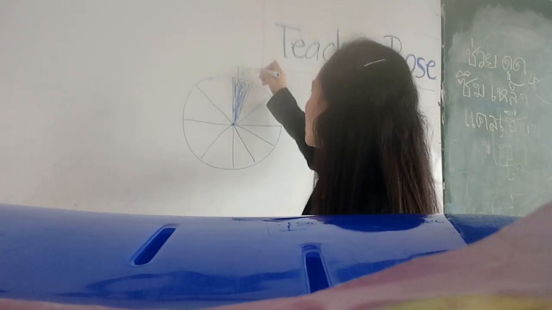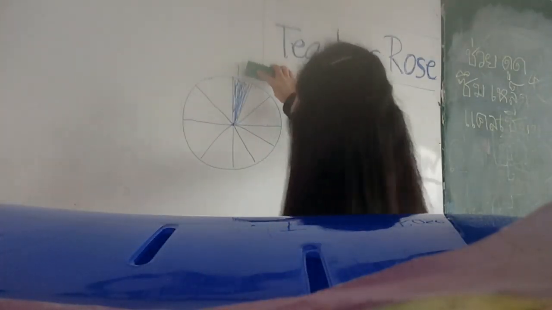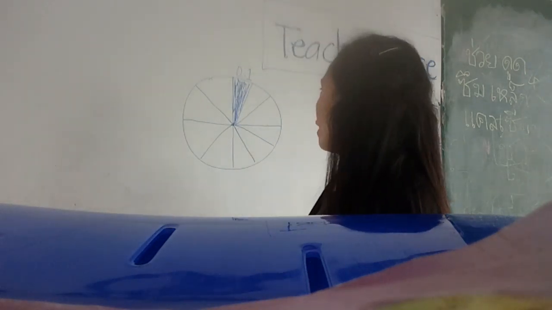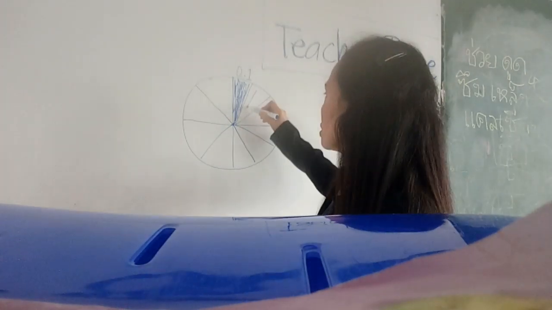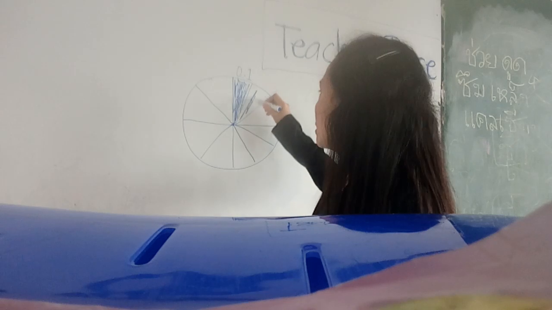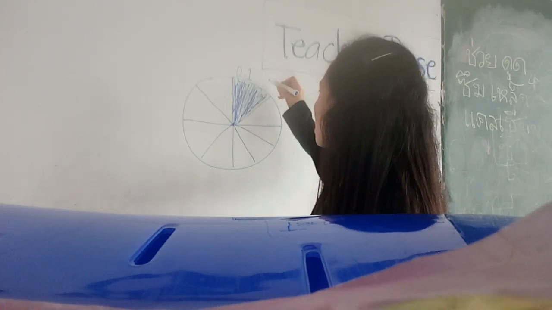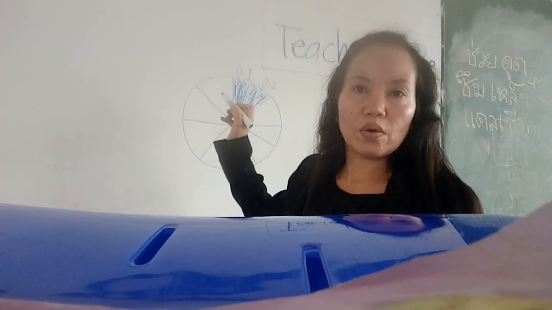Okay, we'll learn about this. 0.1. This is what we have learned last video. And then, next is 0.2. If these two are shaded, this portion here becomes 0.2 and then so on.